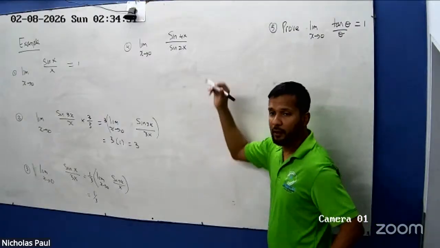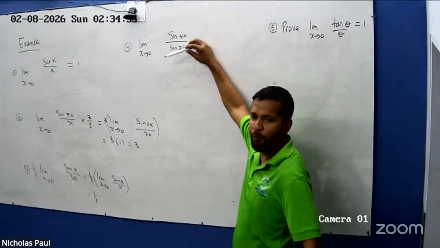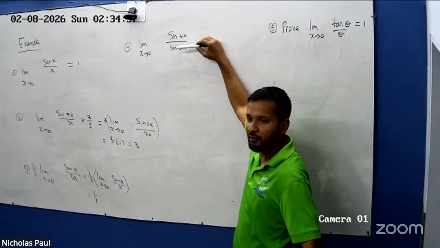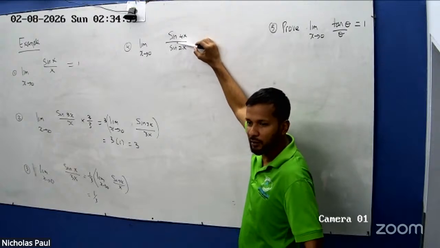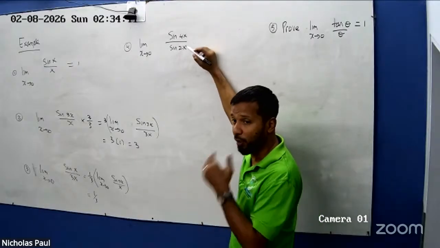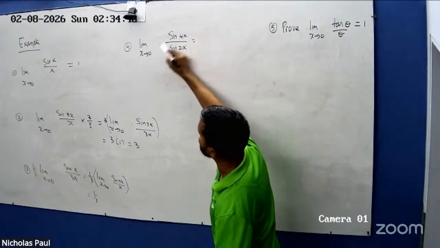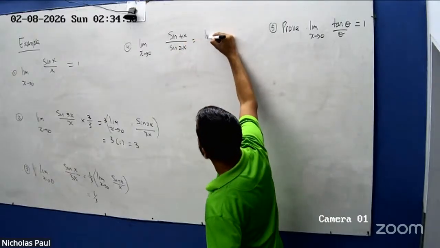How do we work out this here? I know most of you can look at the answer and figure it out. The answer is 4 over 2, right? But we have some steps to follow in order to get that. So first thing we do is we break it up. We use the division rule and we write it like this.